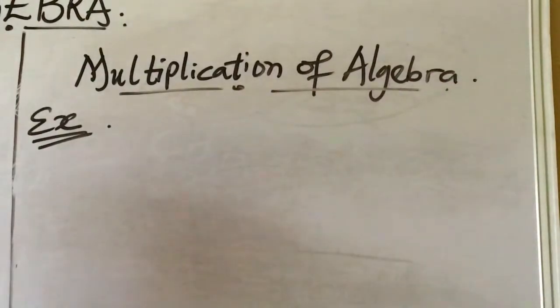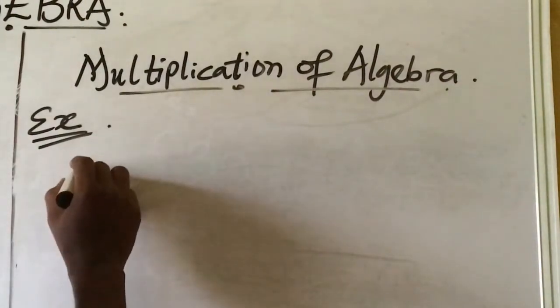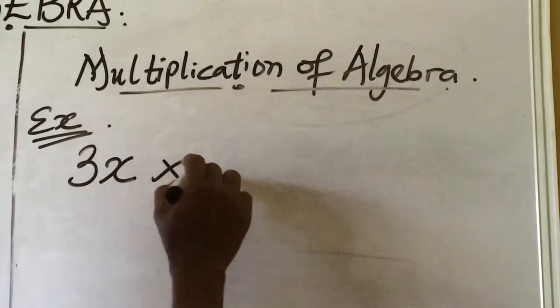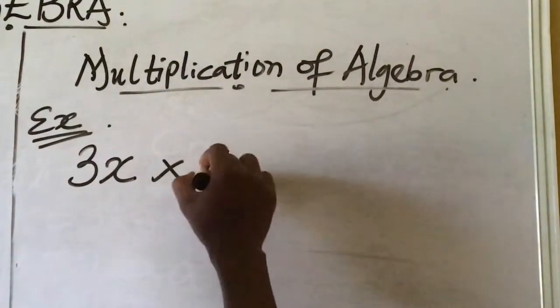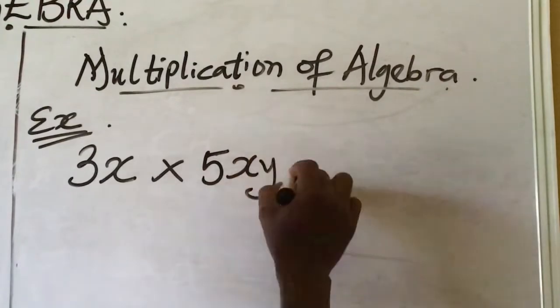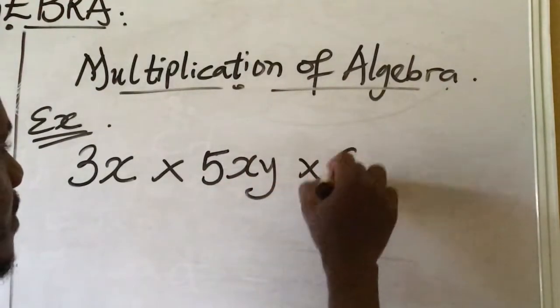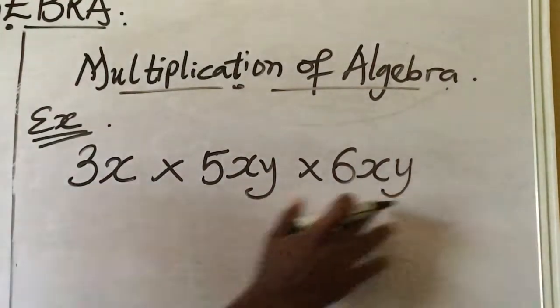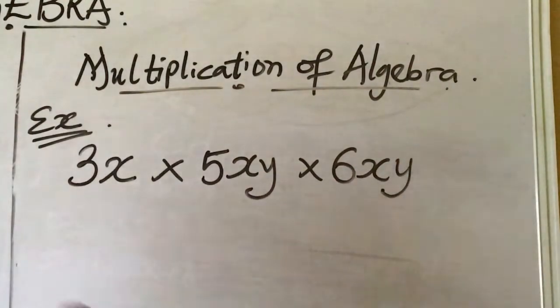Let's go a little bit more advanced and say that we have 3x times 5xy times 6xy. Now, if we have something like this, it's quite simple.